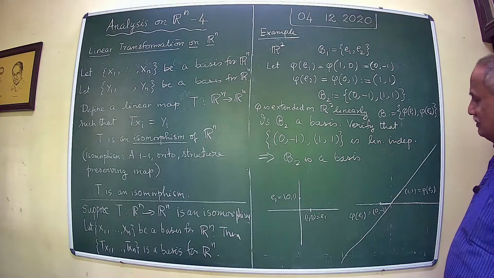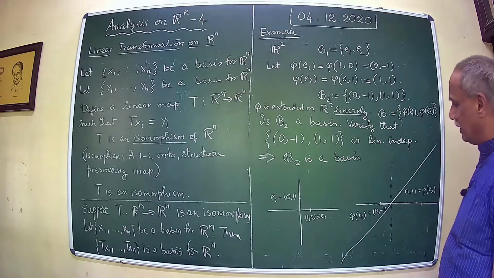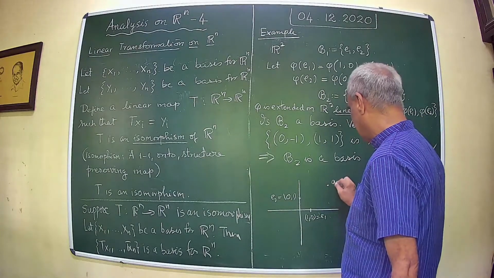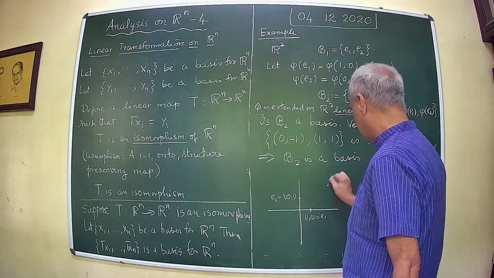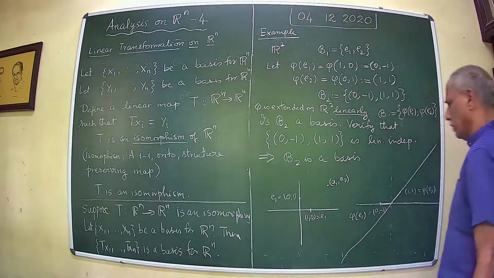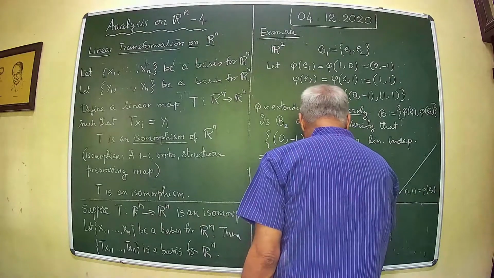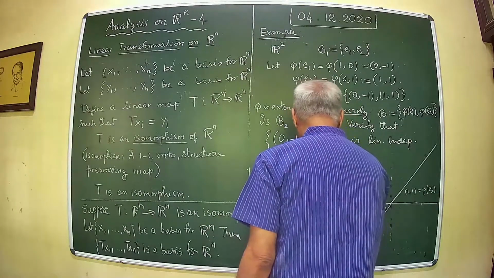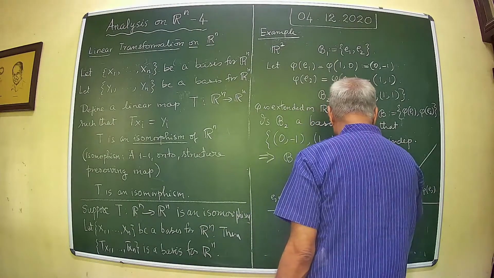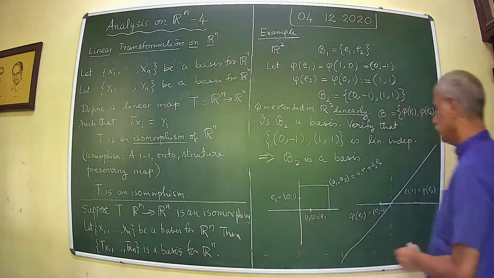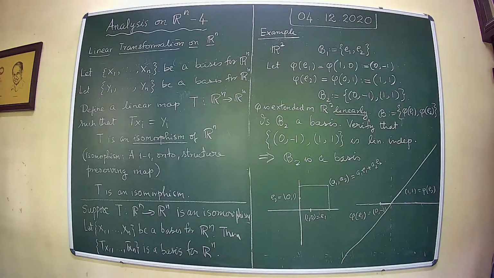Now you choose any vector (A1, A2). I am just choosing an arbitrary point. What does it mean? It means that this is equal to A1 E1 plus A2 E2. Now let us apply phi to this.